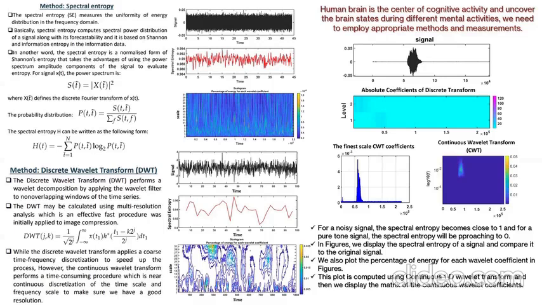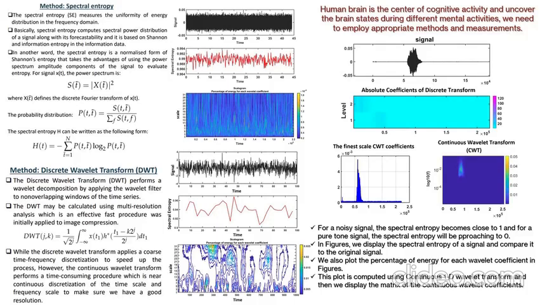In other words, spectral entropy is a normalized form of Shannon entropy that takes advantage of the power spectrum amplitude components of the signal to evaluate the entropy.